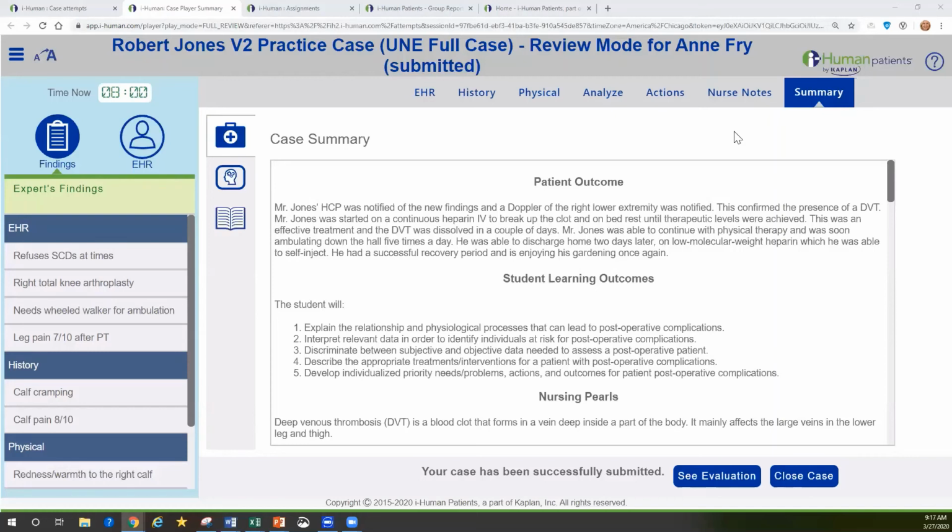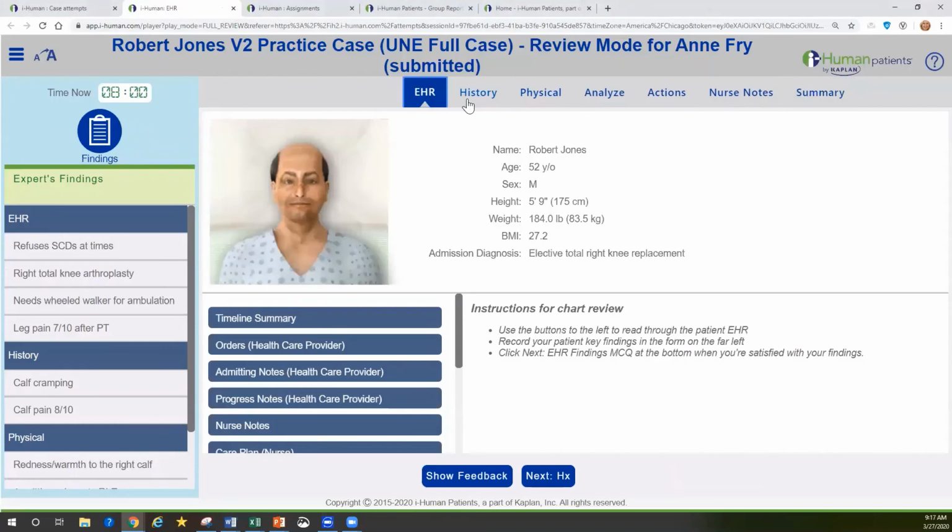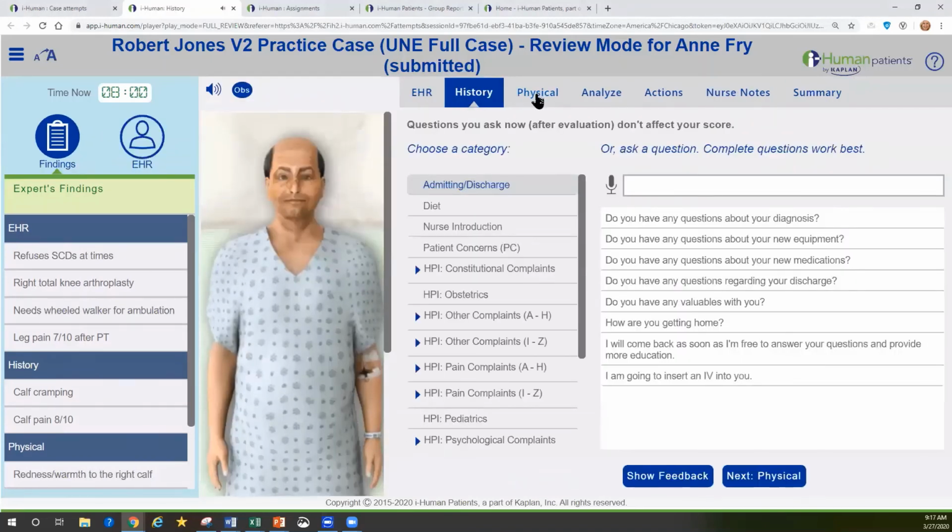For the PN versus RN, these cases are applicable for both. For the PN students, they are going to get what's called phase 1. With phase 1, students will actually get to go through the electronic medical record and perform a history and a physical. That's phase 1, or part 1, for PN students.